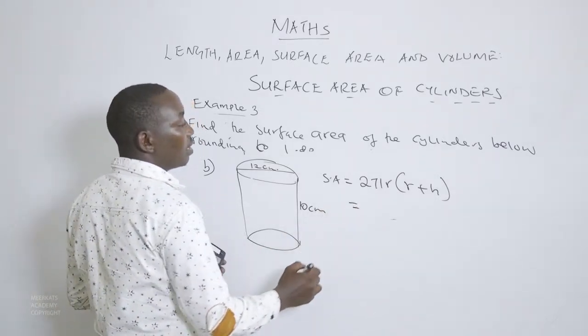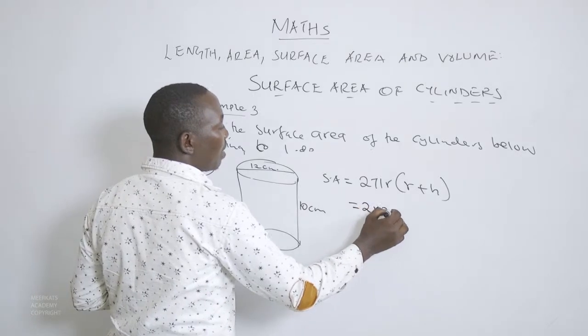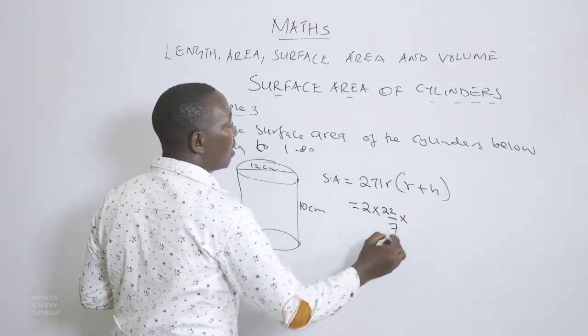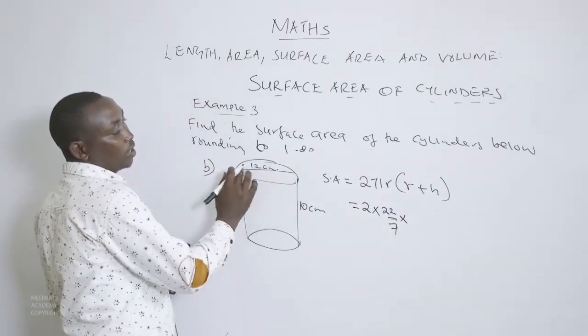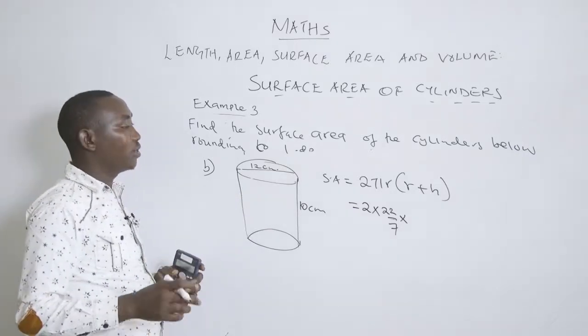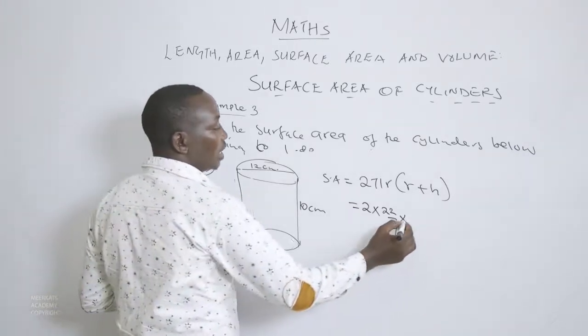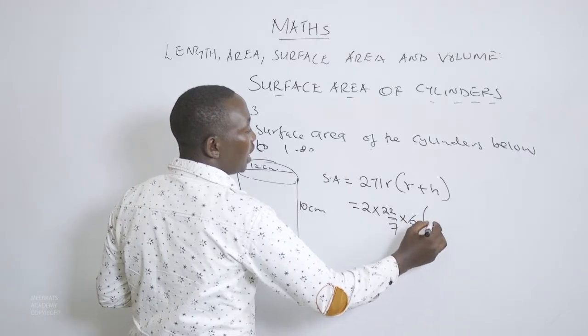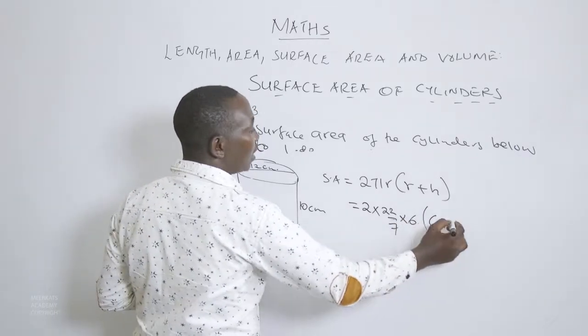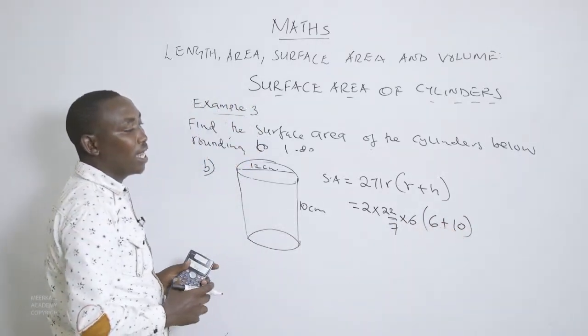In this case, we shall have 2 multiplied by 22/7, which is pi, multiplied by the radius. Because the diameter is 12, the radius is going to be half of 12, which is 6 units, into 6 plus 10, which is the height.